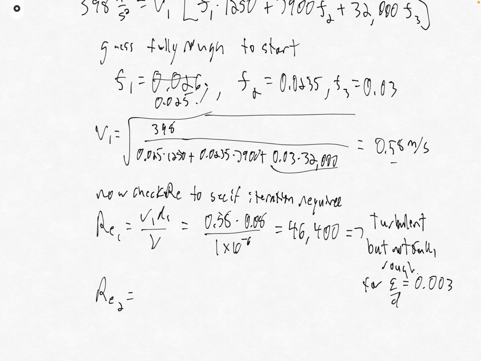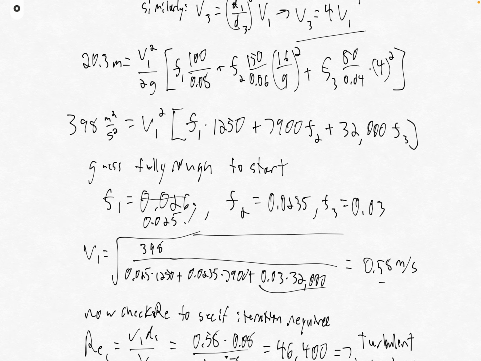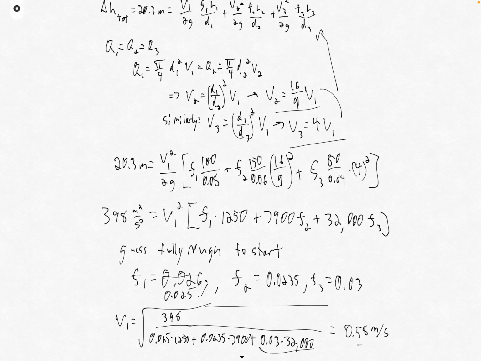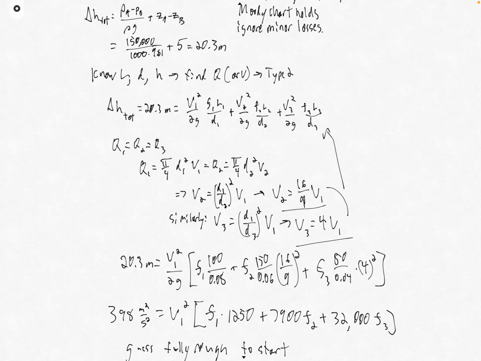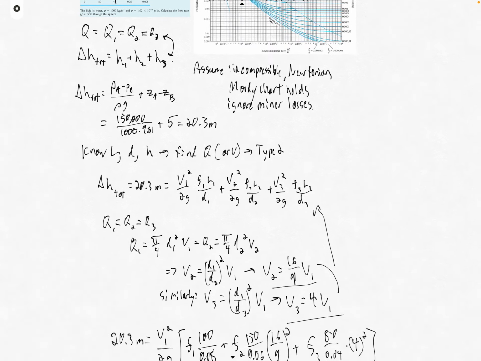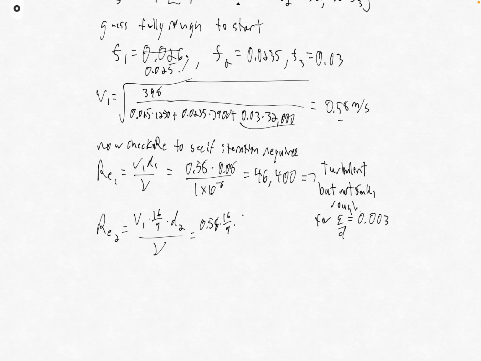Re2 is going to be equal to V2 D2 over nu, and we know that V2 is V1 times 16 over 9, times D2 over nu. So that's 0.58 times 16 over 9 times 0.06 over 1 times 10 to the minus 6.